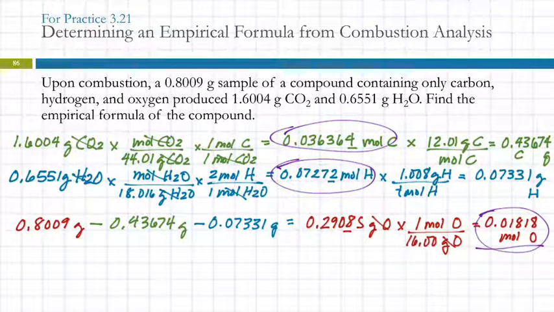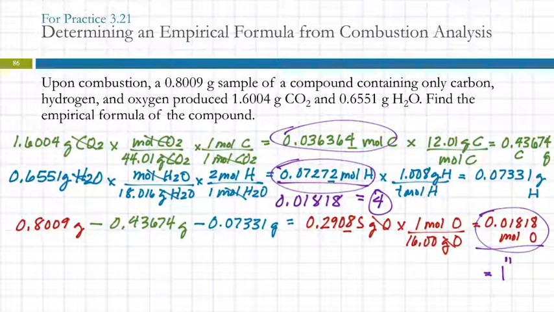So this one I'm dividing by itself, so that's going to equal 1. Up here, I'm going to divide this one by 0.01818. And that came out to 4.